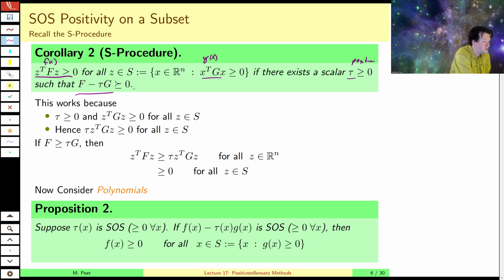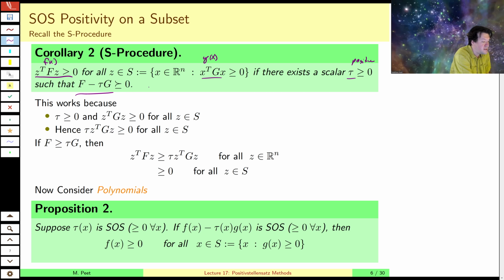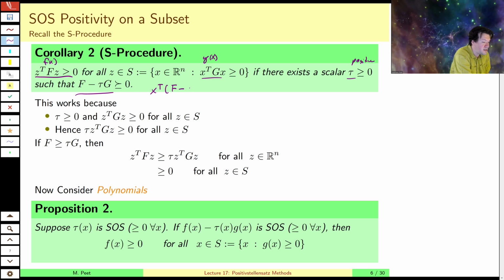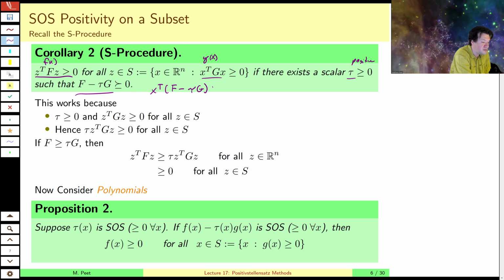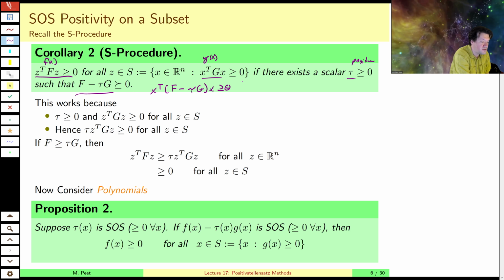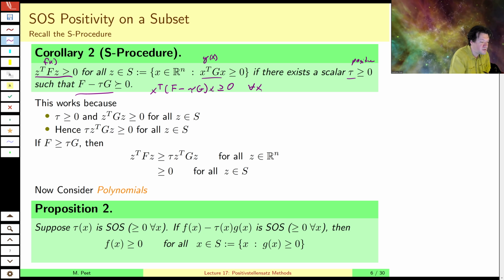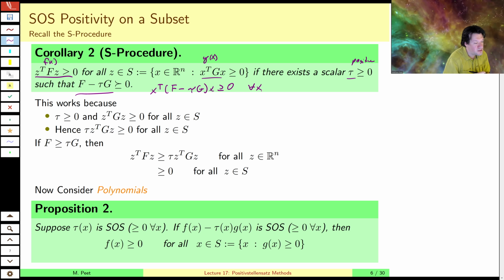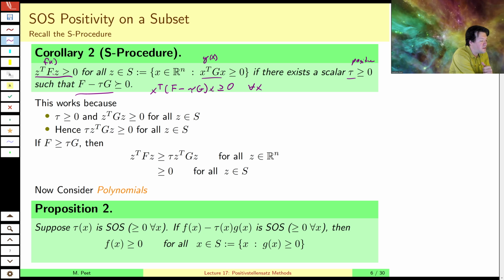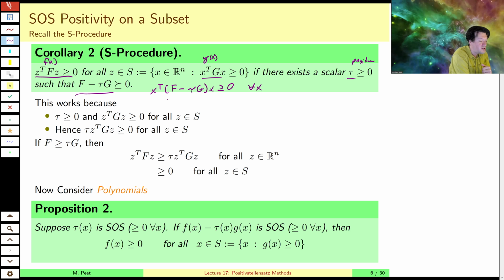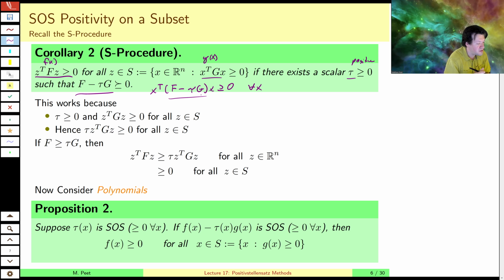What this inequality states is that x transpose (f minus tau g) x is greater than or equal to 0 for all x. So positivity of this function on this semi-algebraic set is equivalent to global positivity of this function here.